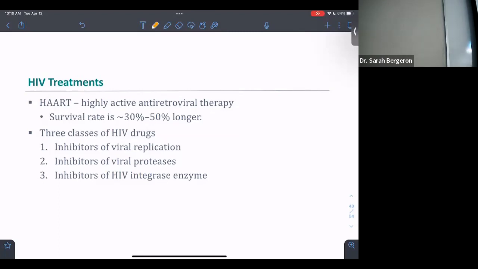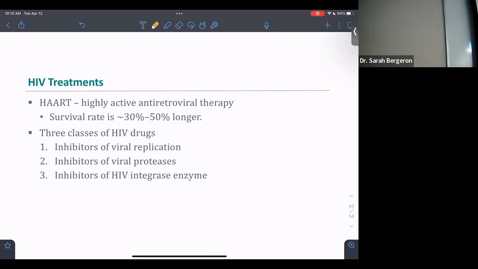Okay, so HIV treatment, same sort of deal. You're going to give the HAART, the heart therapy. So this is 3 different classes of drugs for HIV all at once. So you give inhibitors to all of the processes that viruses need, specifically HIV. HIV is what kind of a virus? A retrovirus, right?